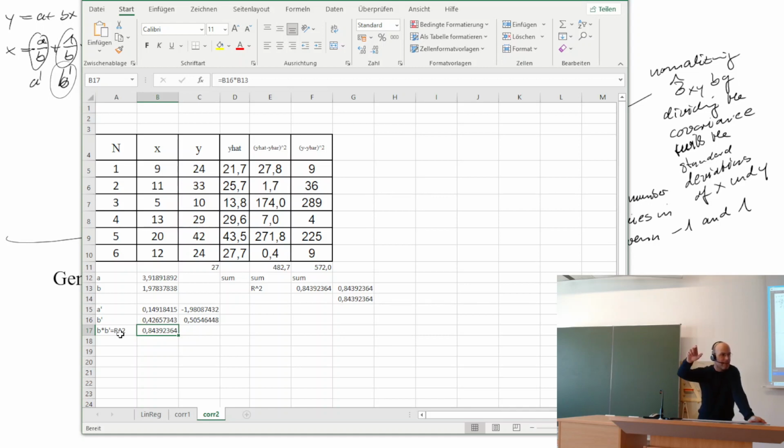And this you have also to keep in mind. You cannot just interchange the dependent and independent variables. Then you get another, so to speak, best fitted line if you interchange the direction of the dependence between the variables.